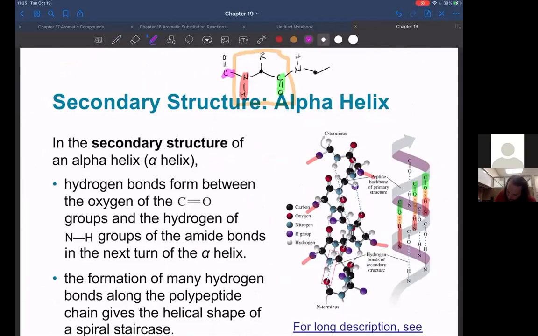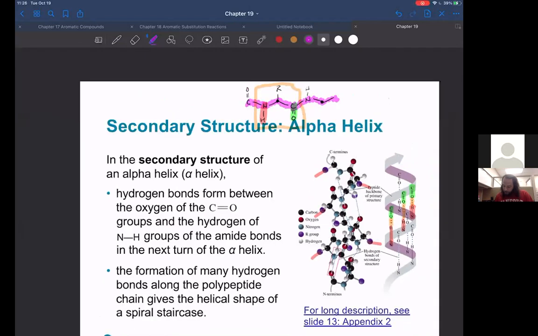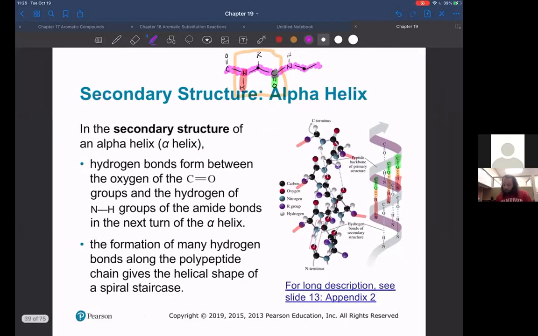The backbone is the nitrogen, alpha carbon, carbonyl carbon, nitrogen, alpha carbon, carbonyl carbon, nitrogen, alpha carbon, et cetera, of this polypeptide chain. That's twisted around, and you have the carbonyl group of one amino acid hydrogen bonding with the nitrogen-hydrogen of another amino acid. They tend to be 3-4 amino acids away.